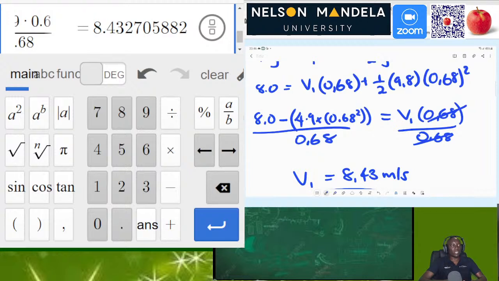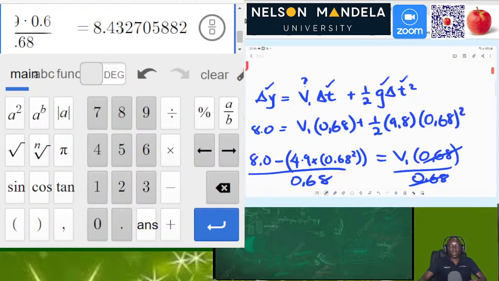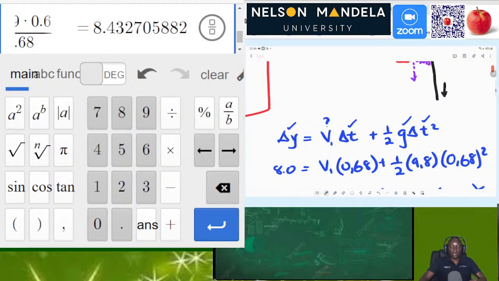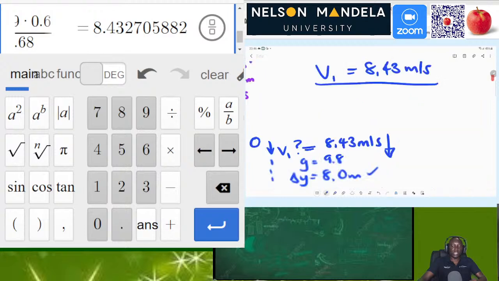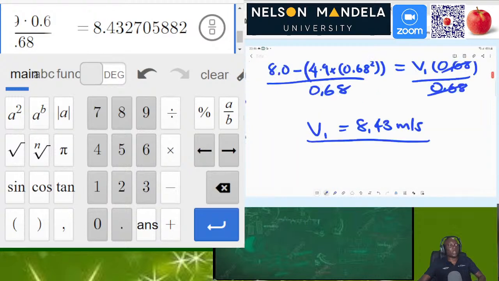So you already have the time for ball B and the height for ball B. With time given and height moved, knowing g, we can find the initial velocity with which it is thrown. Released is not the proper term, so it's thrown. You have to be careful of that. With that in mind, you'll be able to find the initial velocity for B.